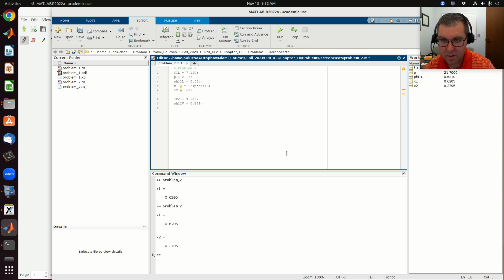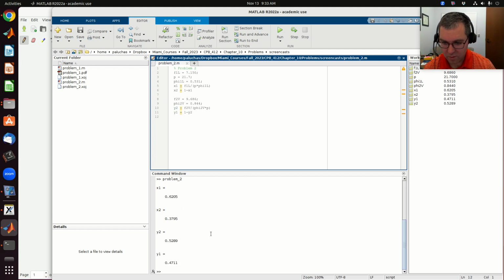And then p is up there. So y2 is going to be equal to f2v divided by phi2v times p. And then y1 is going to be equal to 1 minus y2. Right? We'll get it all at the same time.